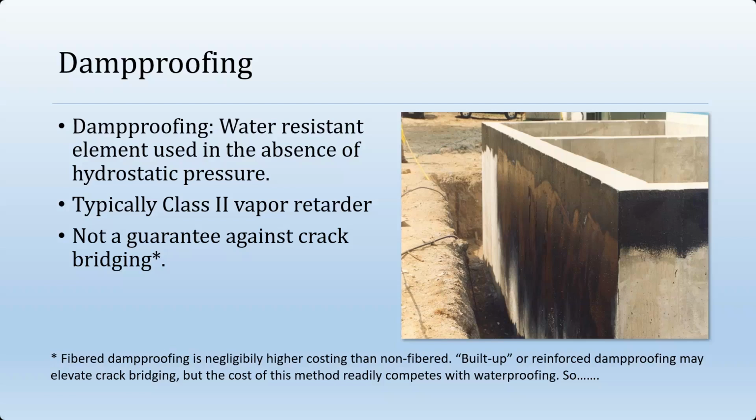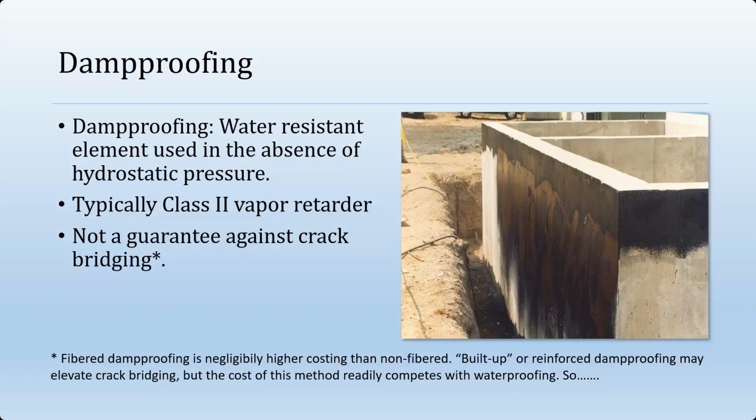If anybody's ever reviewed the definitions in chapter 2 with respect to vapor retarder classifications, class 2 vapor retarders are still considered, for all intents, a quote vapor barrier. Damp proofing products pretty much across the board don't indicate elongation or tensile properties, and they're not necessarily going to be a guarantee against crack bridging or crack protection.